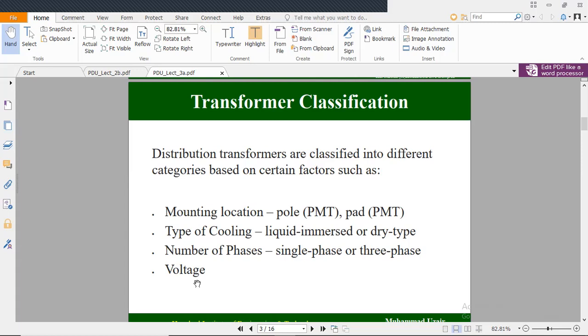So mainly there are six connection-based categories of transformer, which we also studied in previous sessions and discussed in our power distribution and utilization lab part.